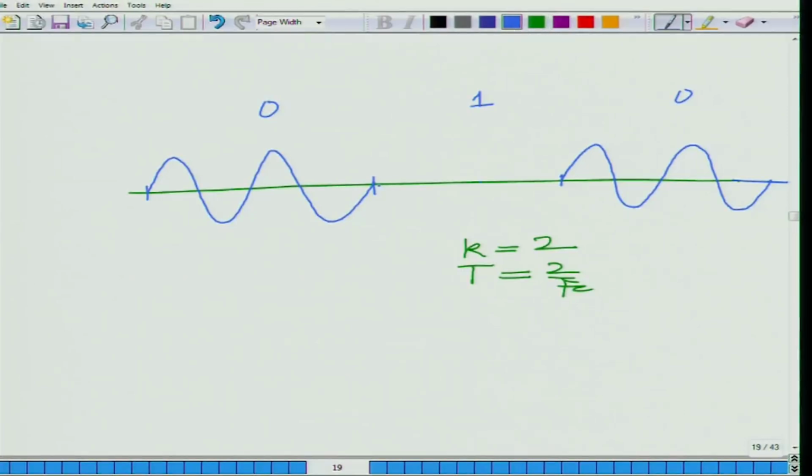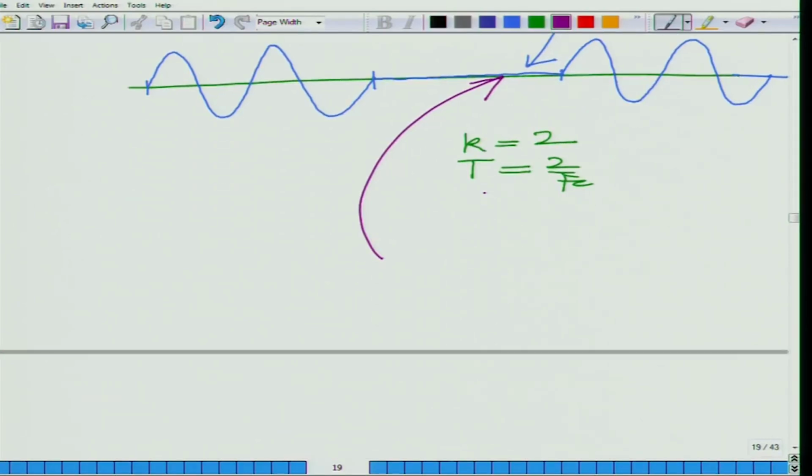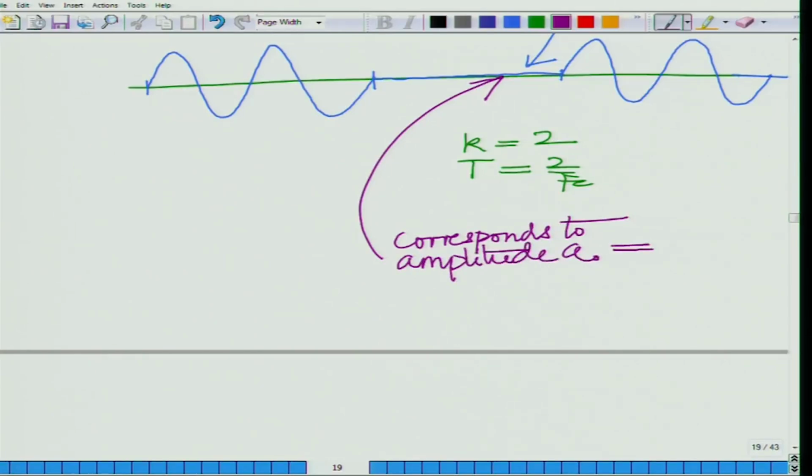Here the signal corresponds to amplitude A naught equal to 0.